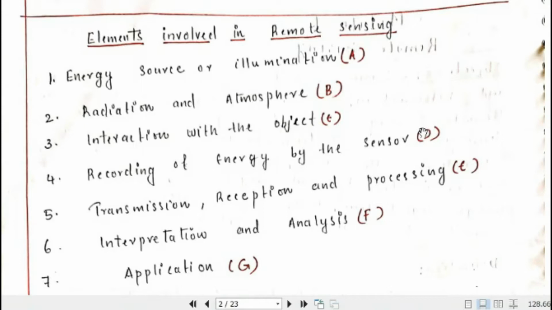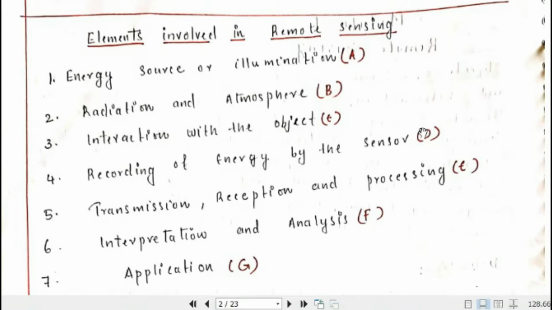Active remote sensing, or this type of sensors, will be working or capturing the information about the earth features throughout the day, irrespective of day and night, and it will be working in different seasons also, irrespective of various climatic conditions.